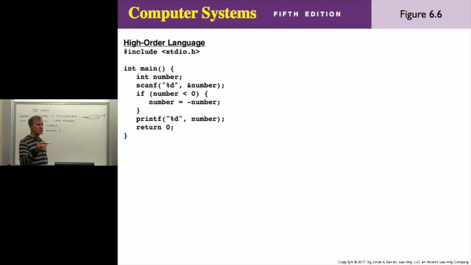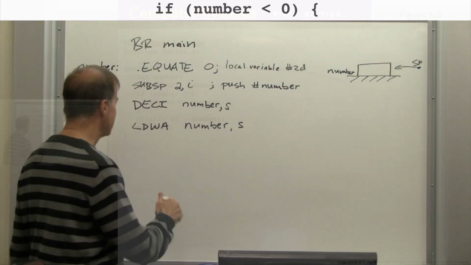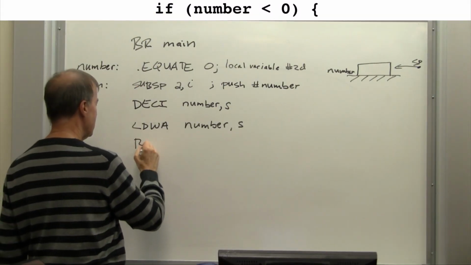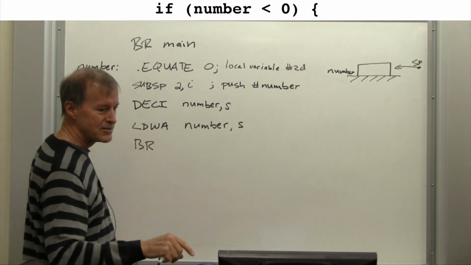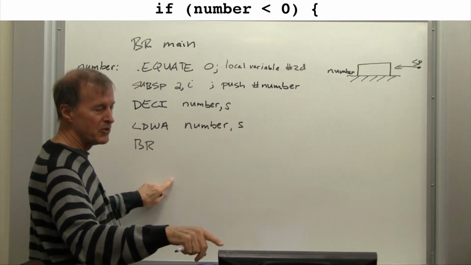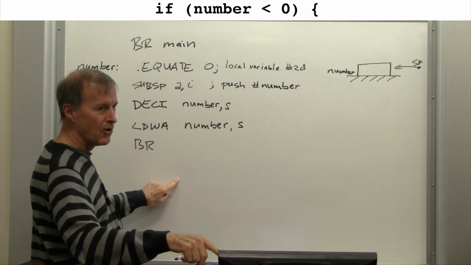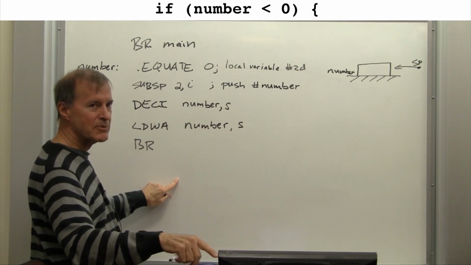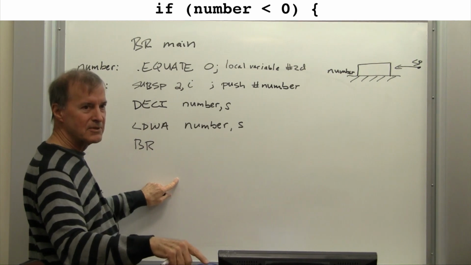So the question is, when do we want to branch around if it's false? Do you see? So now, this is either going to be BR, now what is less than 0? It'll either be BRLT, or it will be BR, what's the opposite of less than? Greater than or equal to.